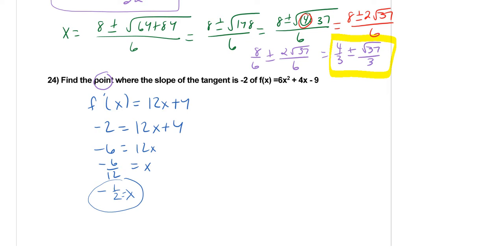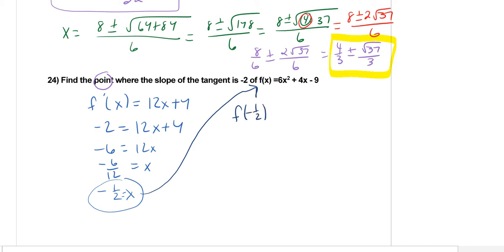But I need the y value because I need the full point. So now I've got to plug that back into the original function because that's the original point. So f of -1/2. Be careful with your parentheses. This would be 6 over 4. This would be a -2.